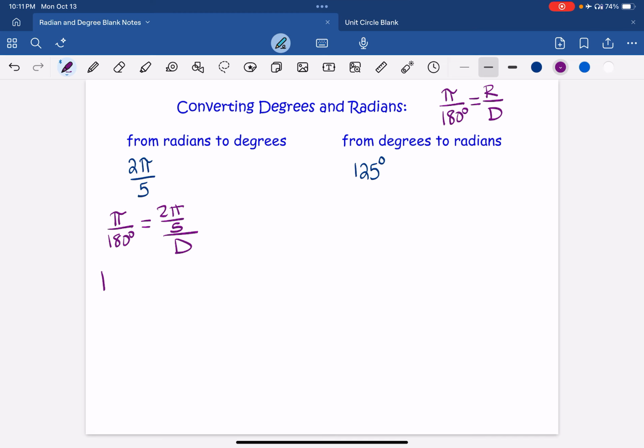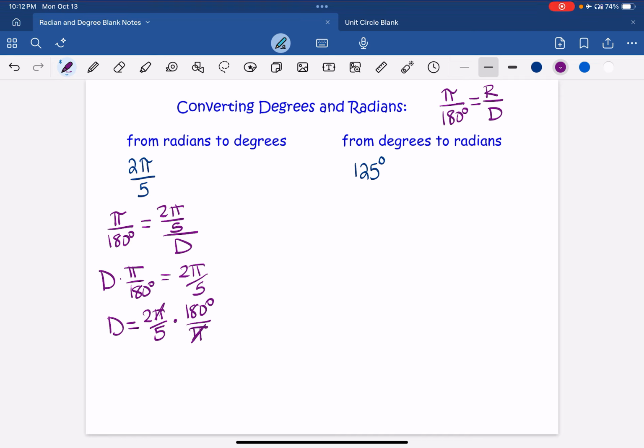I get d times pi over 180 degrees equals 2 pi over 5. And now to get d by itself, I'm going to divide by pi over 180, or multiply by the reciprocal. So I get 2 pi over 5 times 180 degrees over pi. And if you notice, the pi's cancel out, right?